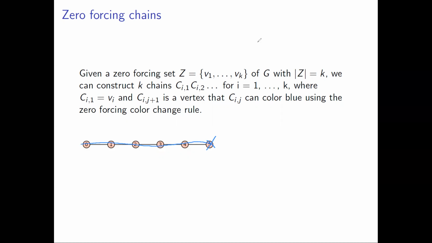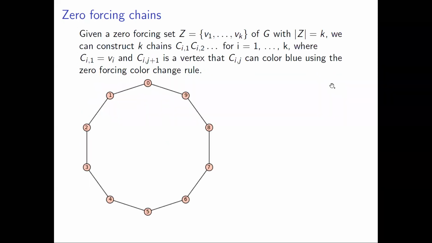On the other hand, say we started with this vertex and this vertex blue, then we can have a zero forcing chain over here and a zero forcing chain over here. Similarly, we can do zero forcing chains for a cycle. So we could take two adjacent vertices and do some zero forcing chains for them.